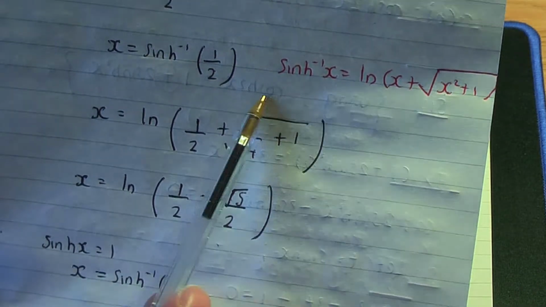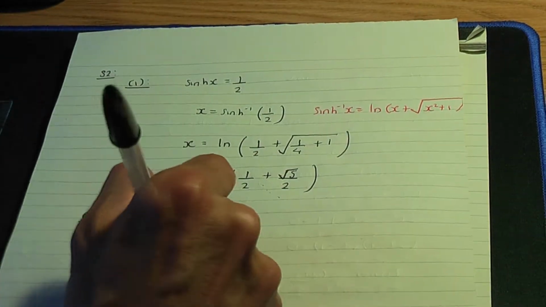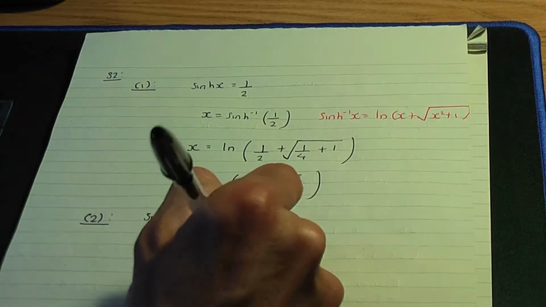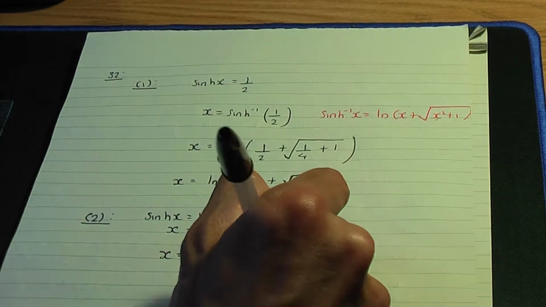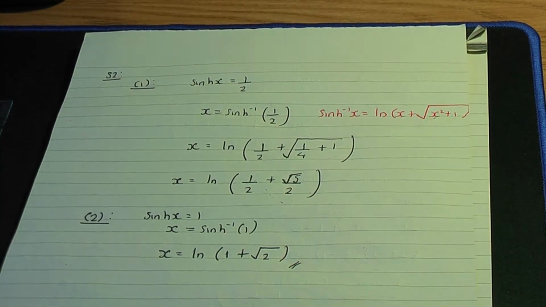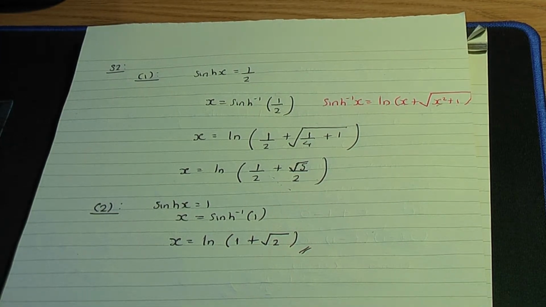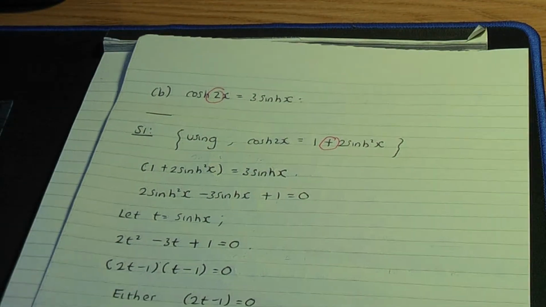If we use the inverse hyperbolic definition of sine, replacing the x's by 1's, we're going to have x equal to ln of 1 plus the root of 1 squared plus 1, being 2. Okay, so in total we've got 2 solutions in terms of ln, and that completes the example.